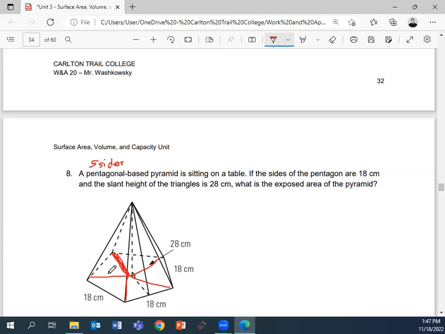18. And the height of that is going to be, bear with me one second, because I need to give you that.